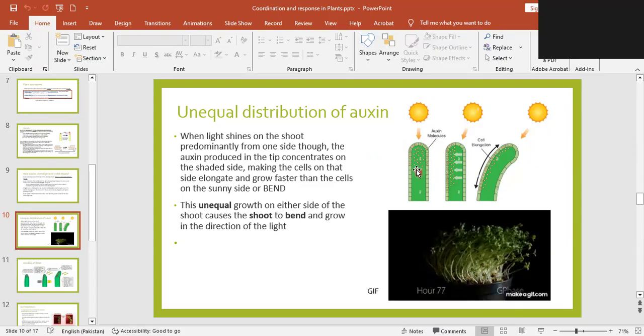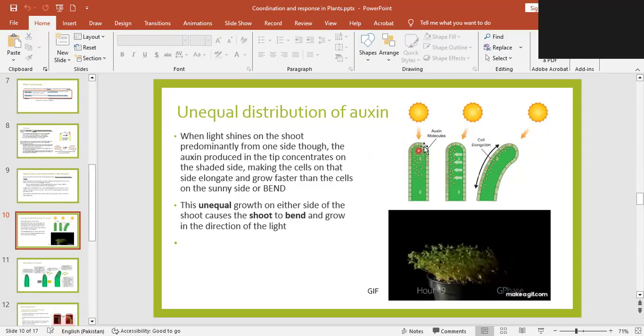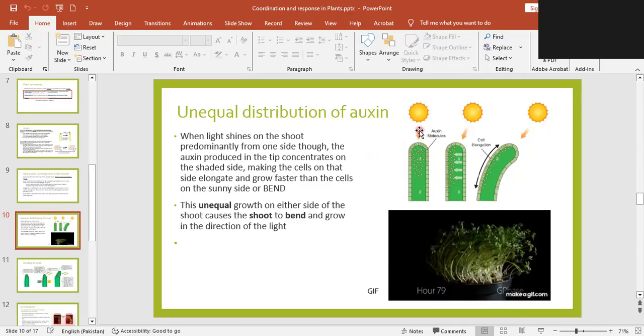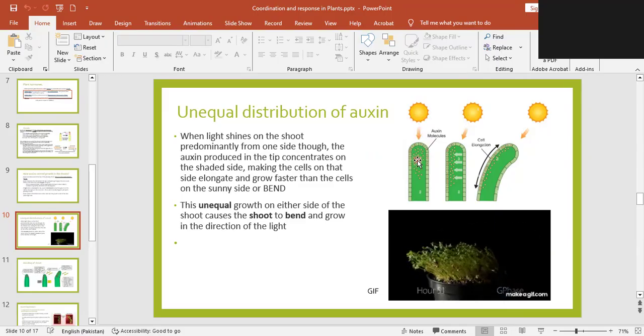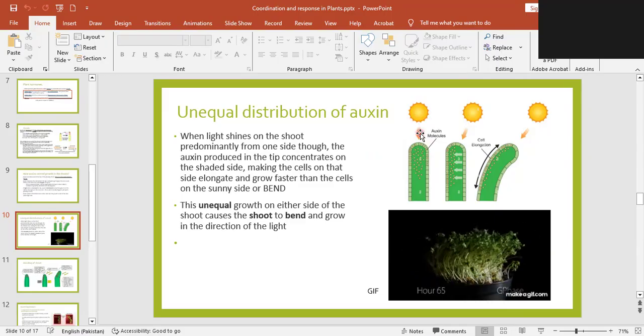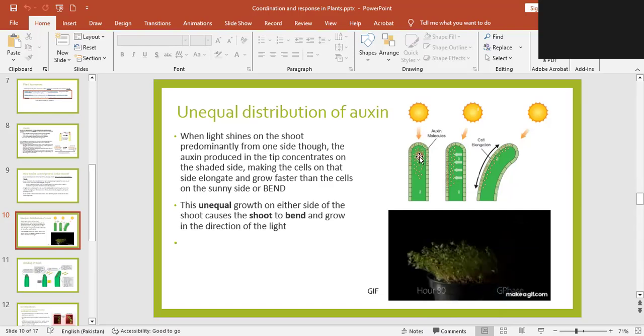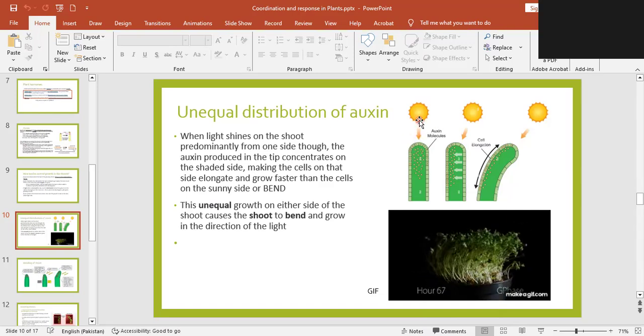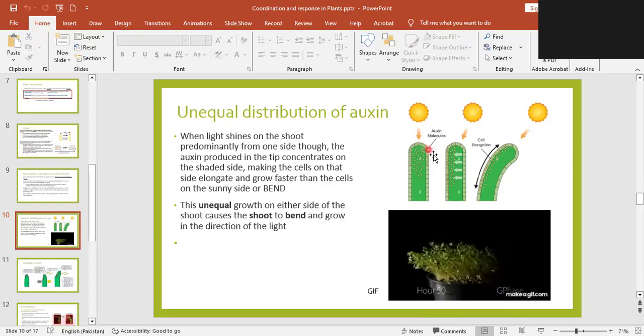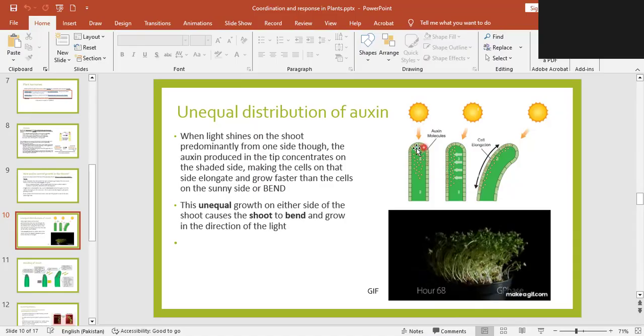And when the auxins work in this shaded area, the elongation will be in an upright position. They will grow in a straight direction, right? They're not going to bend anywhere. They will move upward because the light was evenly distributed on the tip. So the plant will move in an upright direction. Okay, it's not going to bend.